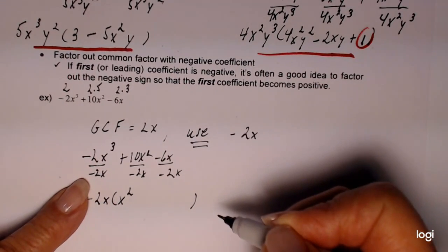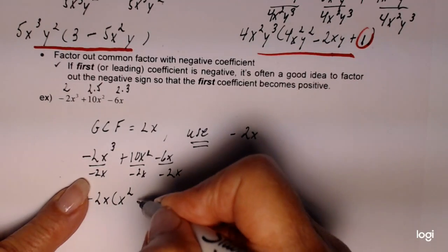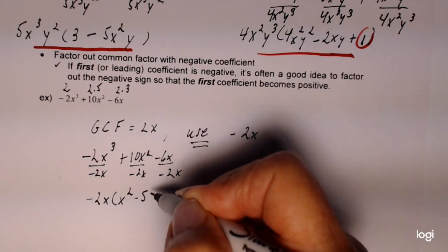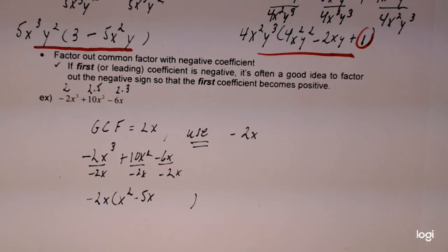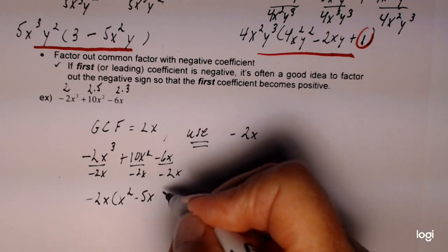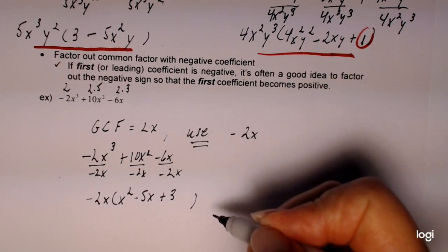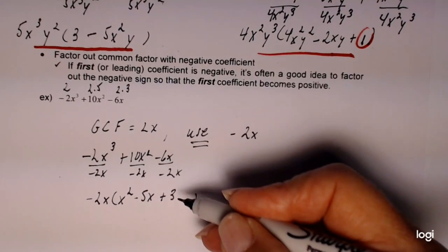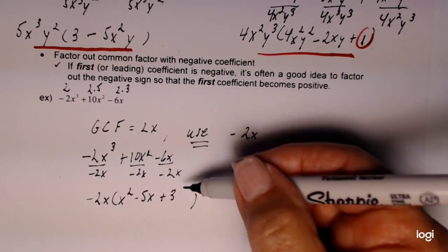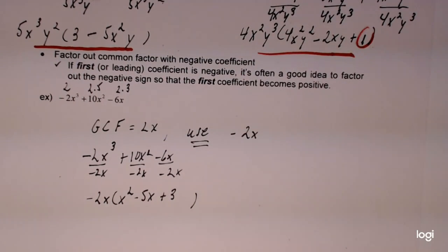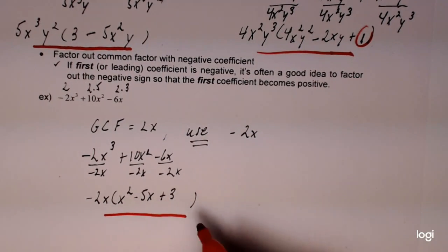Moving on to the next term, 10 divided by negative 2 is negative 5. X squared divided by x is x. And in the last term, negative 6 divided by negative 2 is positive 3. X divided by x is 1. So these x's cancel. There's no x left in this last term. And this would be our answer here.